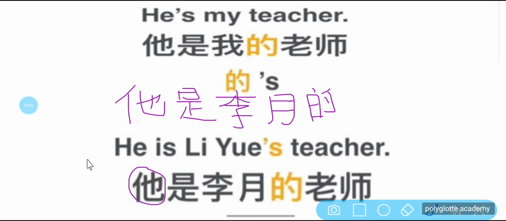I always take my time to write the Chinese characters because I really want to emphasize the Chinese characters.